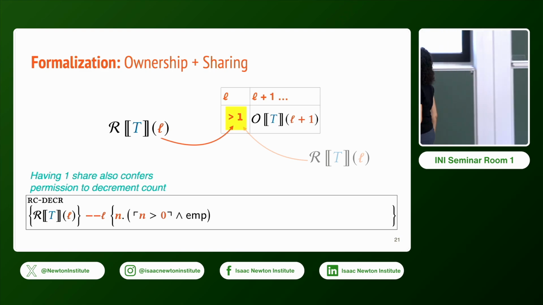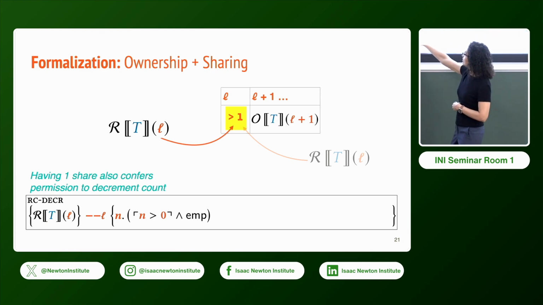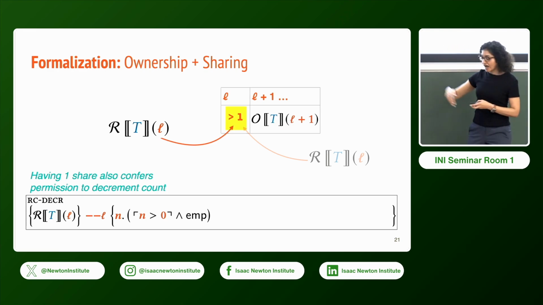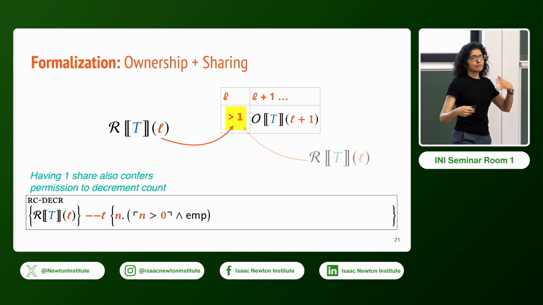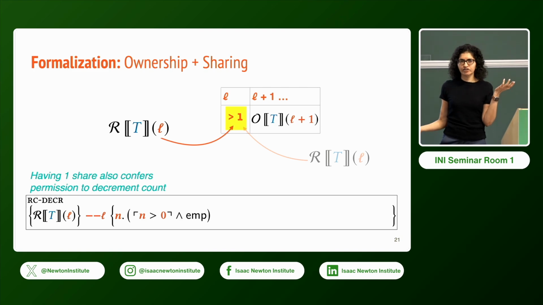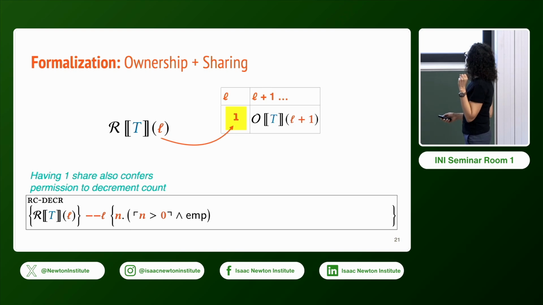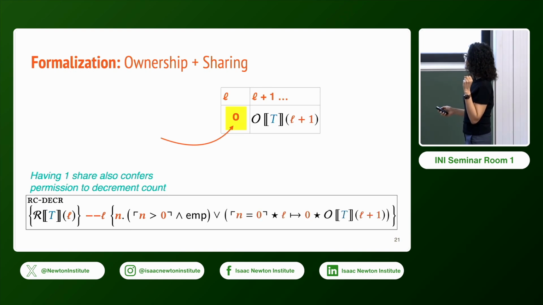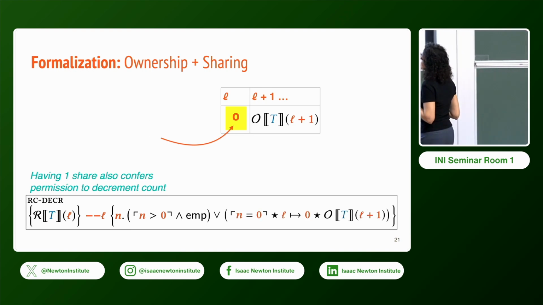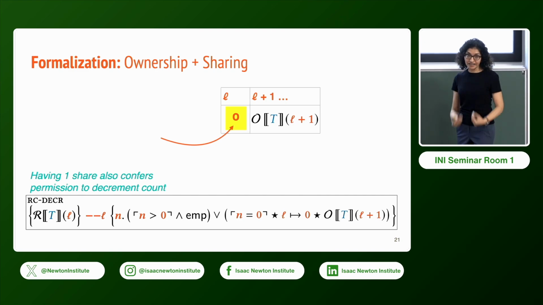And we have a separation logic rule again. If I had a reference and I decrement the count, then there might still be other references out there. Either n is greater than 0, the number of references to this object is still greater than 0. Or it might be the case that n has become 0, that my decrement just went from 1 to 0 in physical memory.